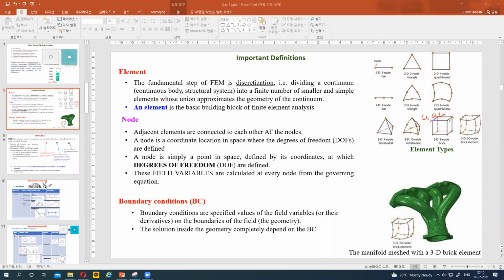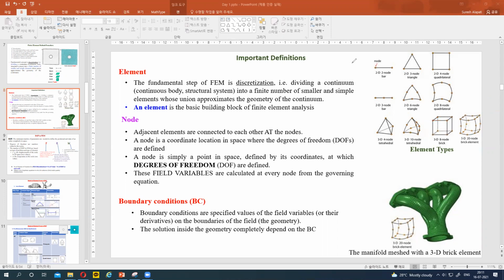The element has 8 nodes, so 8 times 3 is 24. So a single element has a total of 24 degrees of freedom, with 3 degrees of freedom at each node: u, v, w.